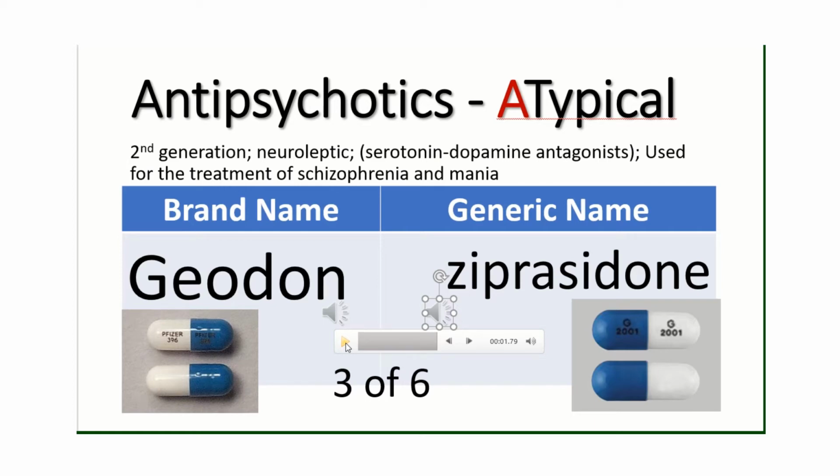Geodon and ziprasidone are atypical second-generation antipsychotics. They treat schizophrenia and mania. Ziprasidone and Geodon are serotonin dopamine antagonists.